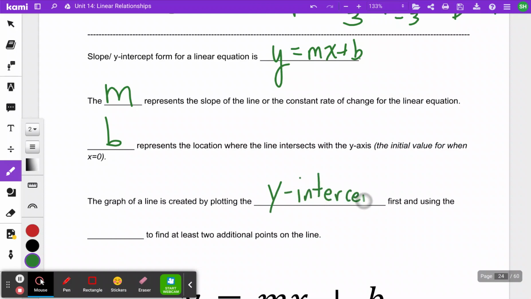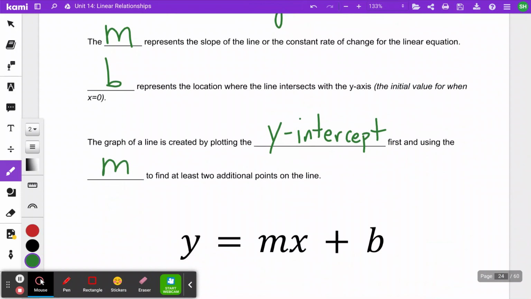Because if we know where we hit the y-axis, we're going to know one of the points of the line right away. And we're going to use the m value, the slope, to find at least 2 more points on the line, although you're going to see me find a lot more. So we're going to be using this y equals mx plus b a lot today.